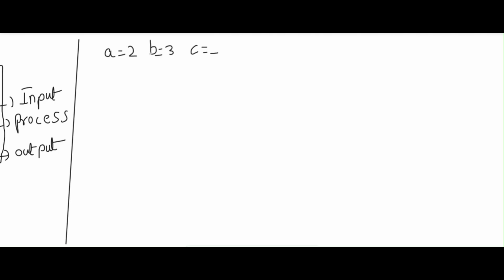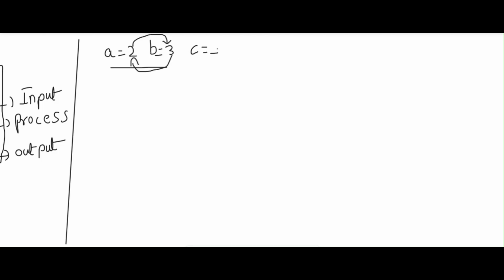You might have heard of swapping. Swapping is interchanging the values. That means I want to place the value 2 into B and 3 into the variable A. When I print the variables, I should get the value of A as 3 and the value of B as 2.